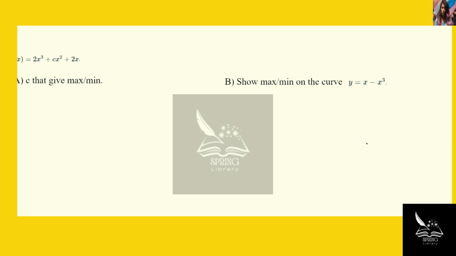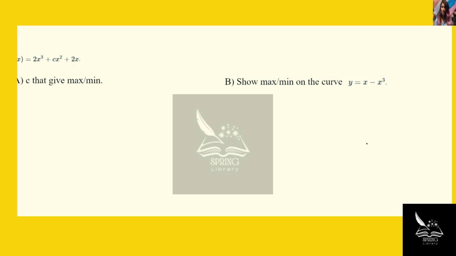All right, so first let's figure out what values of c will give a max or min. The first thing we need to do is take the derivative of f of x and then find our critical values by setting the derivative equal to 0.